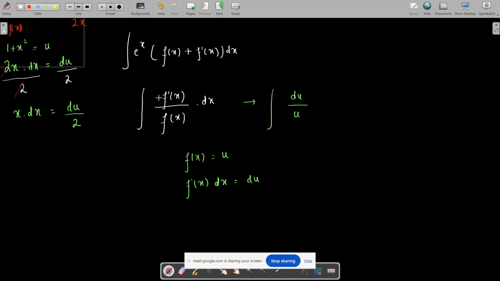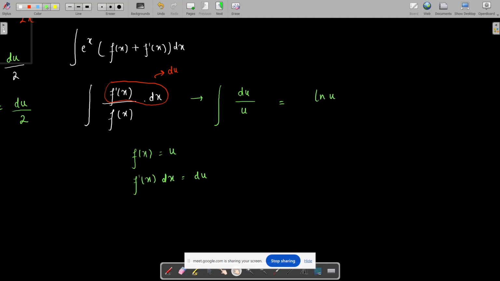So this derivative of f(x) times dx is nothing but du. And then this will be ln u. And then we can put the value of u back. So this becomes ln of f(x) plus c.